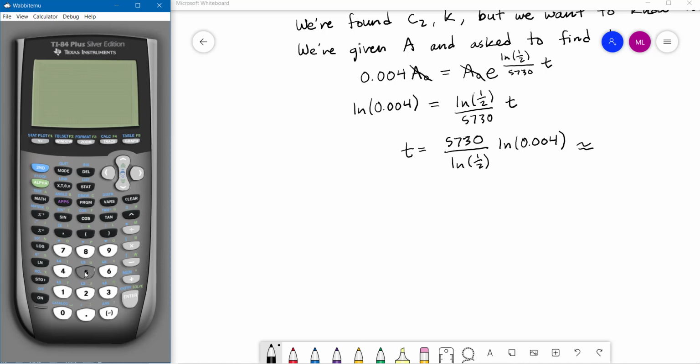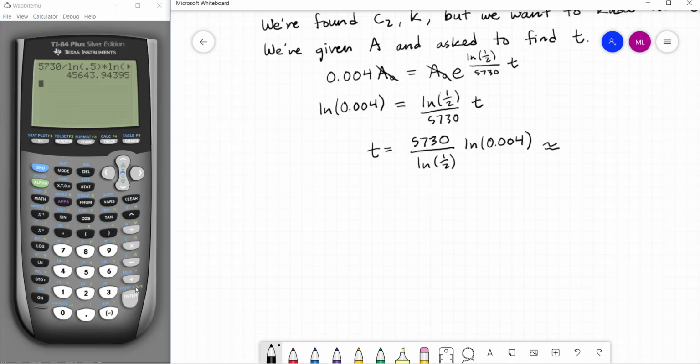So I've got 5,730 divided by the log of a half. Log of, I'll just do 0.5, save myself a little typing. Times, whole thing times the log of 0.004. And when I hit enter, boom, what do we get?